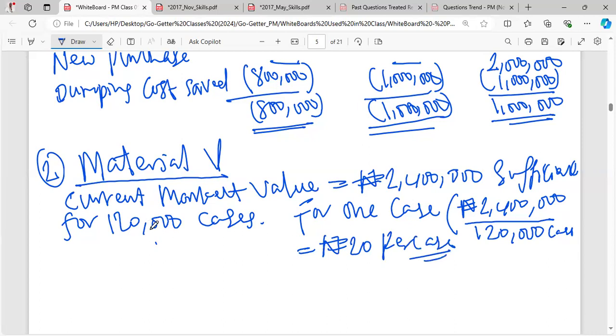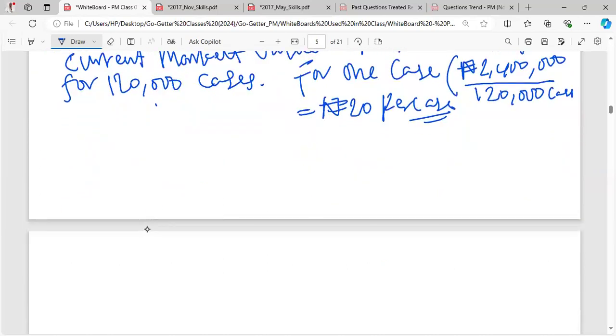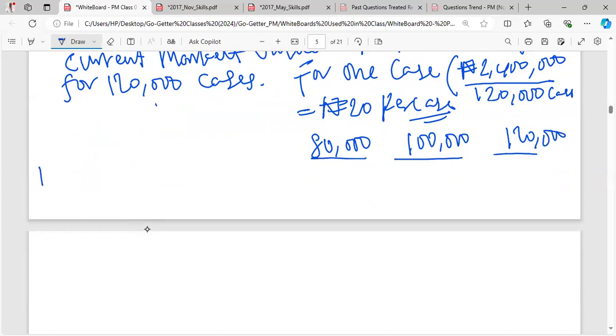So we will now do something like this. This is 80,000. This is 100,000. This is 120,000. Material V at 20 naira per case.